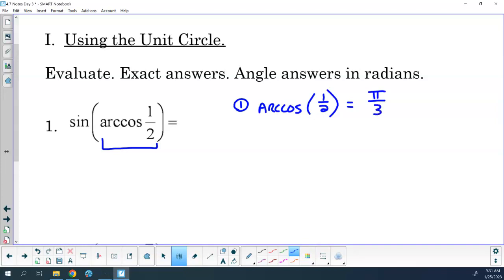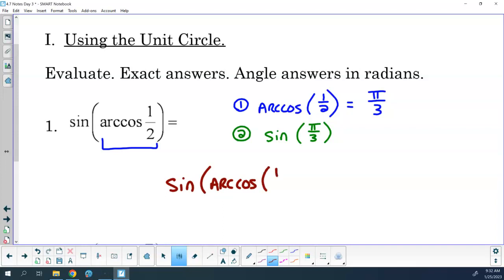Then what we do next is we take the sine of pi over 3. Well, what is the sine at pi over 3? Root 3 over 2. So the sine of the arc cosine of 1/2 is square root of 3 over 2.